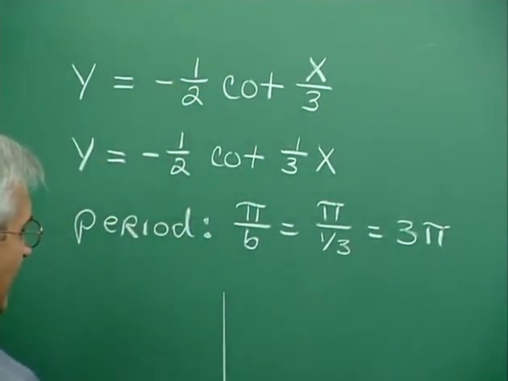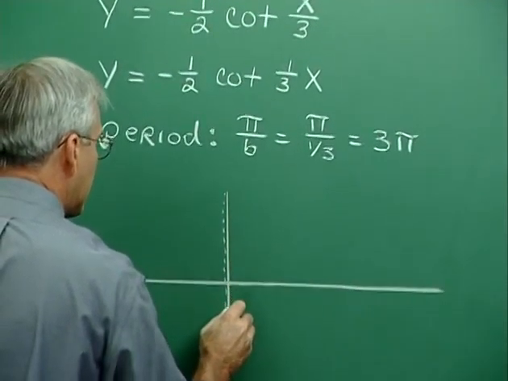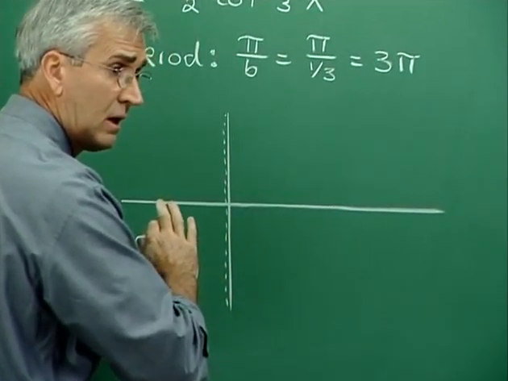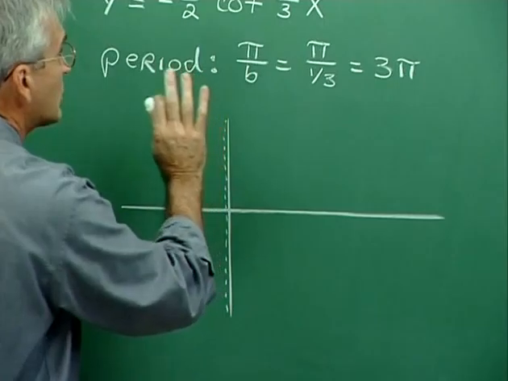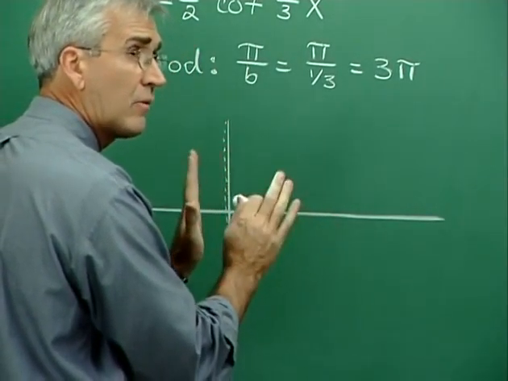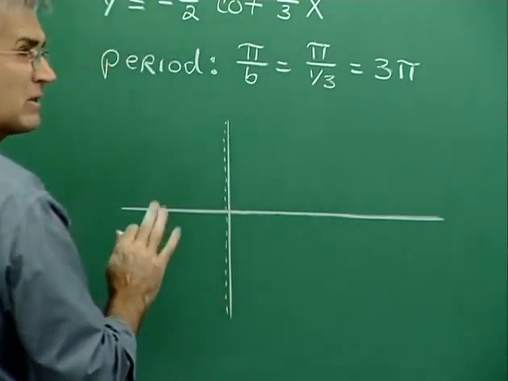But to set up the graph, we do this. We just say, okay, our cotangent curve is basically starting here. And by the way, we're not talking about phase shifts here just yet. We're going to save that for another time. And there are such things as phase shifts with tangent and cotangent, but we're just not discussing them at the moment. Okay, we're starting here at 0 then, which makes it real easy.